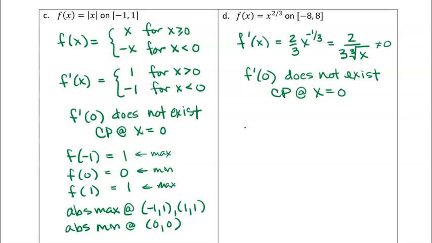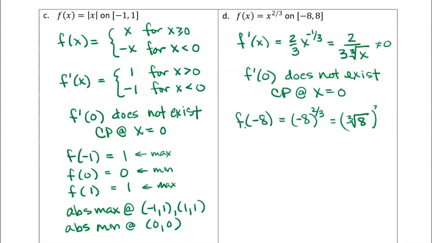And again, now that we have identified the critical points, we're just going to evaluate the function at the endpoints and the critical points. So we're going to put in a -8. And remember, we're going back to the original function. -8 to the 2/3. Now you could use your calculator on this. But you can do this without a calculator because it's just the cube root of 8 squared, right?